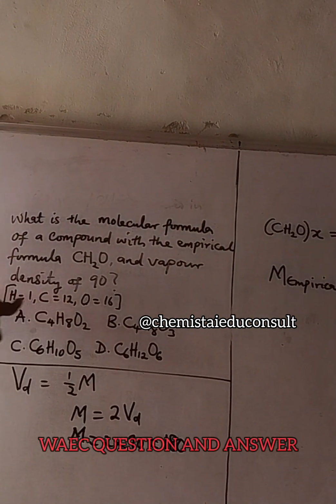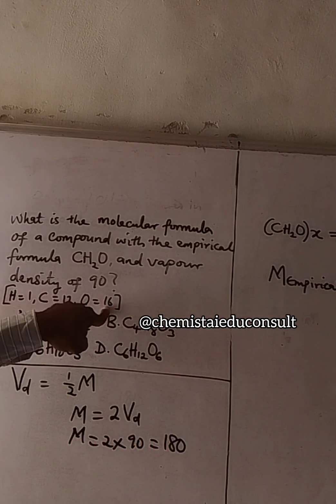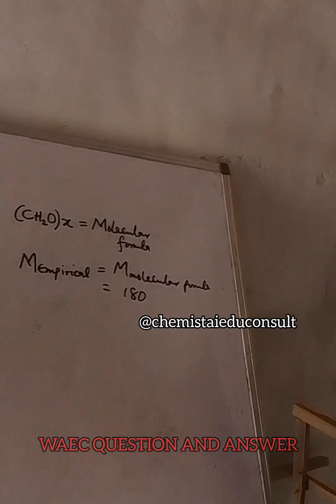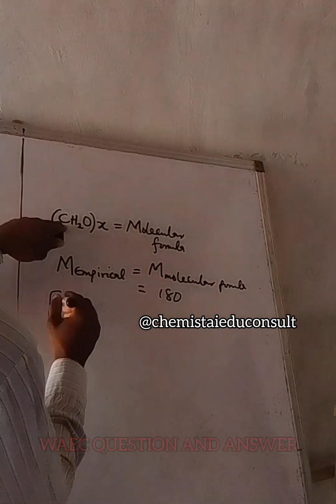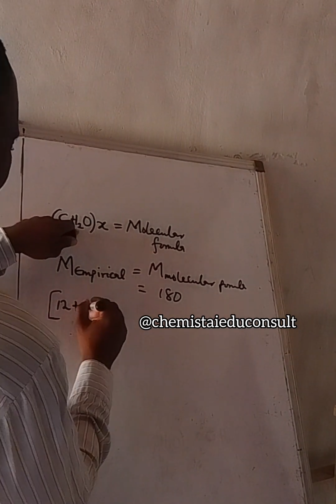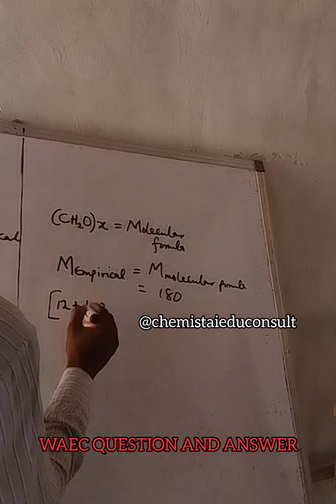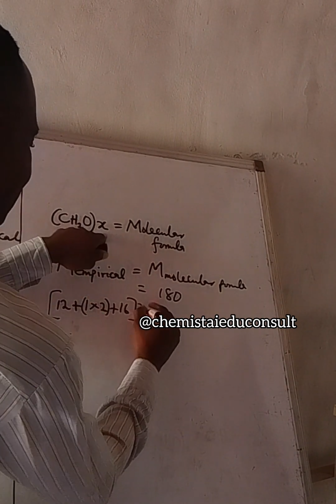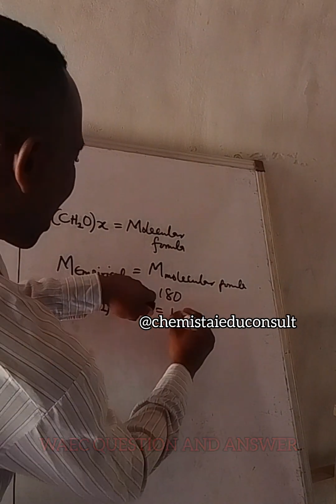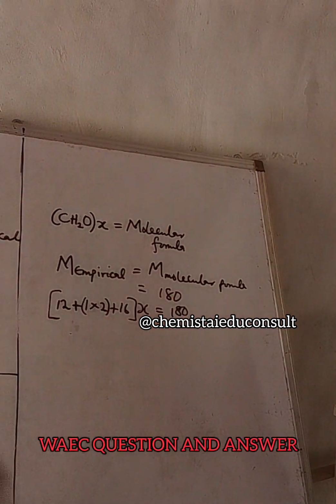The atomic mass for carbon is 12, hydrogen 1, oxygen 16. So we plug in the figures here. So carbon is 12, hydrogen is 1, but it is two atoms here, plus oxygen 16, times x will give you 180. That is the molecular formula mass.